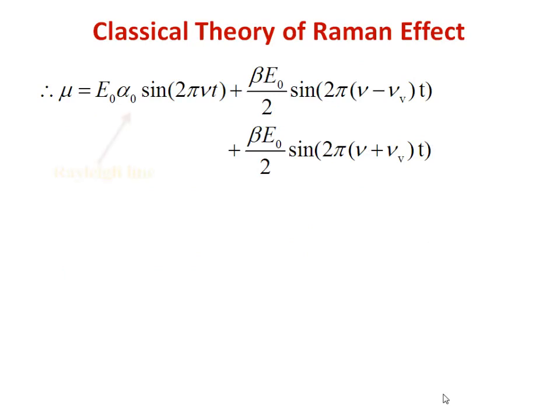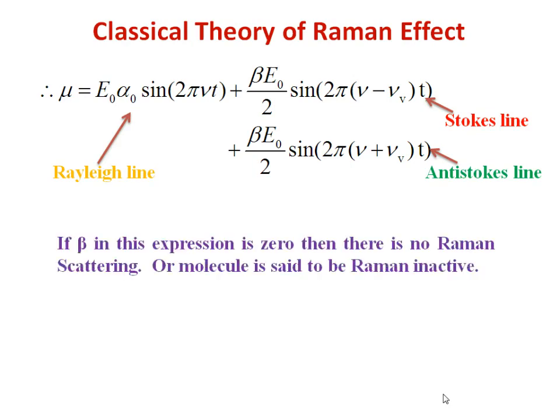In this expression, the first term corresponds to the Rayleigh line, the second term corresponds to the Stokes line, since here the frequency is less than the frequency of the incident radiation or light, and the third term corresponds to the anti-Stokes line, since here the frequency of the radiation is greater than the frequency of the incident radiation.